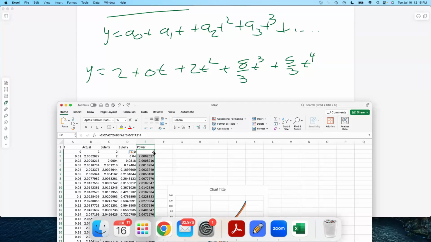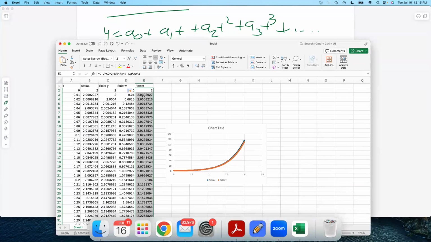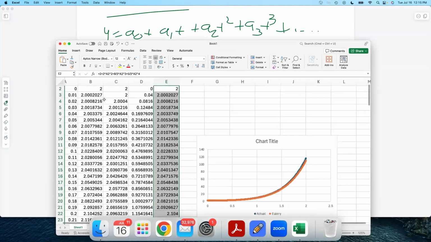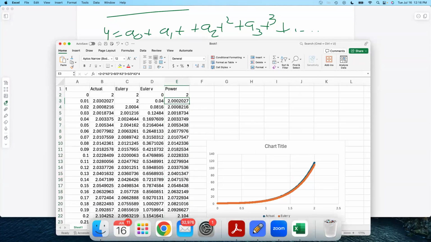Double click on that, scroll it down. If you've done everything right and you've kept enough terms, for the first few entries, these should be identical. Like, look at that. I only kept 5 terms. I went up to t to the fourth, and this is working perfectly at first.